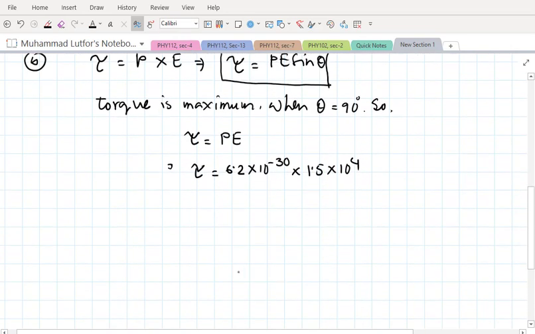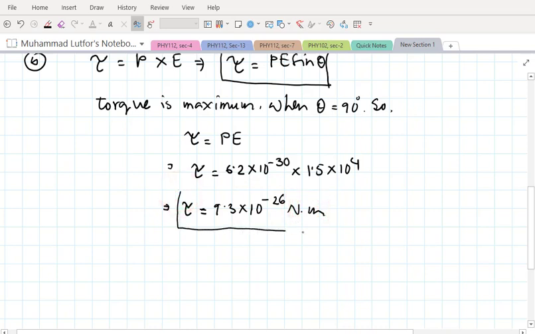After doing that calculation, you can find that the maximum value of the torque on that water molecule would be 9.3 × 10^-26 Newton meter. That would be the torque on the water molecule in this case. This is the answer to question B. Okay, thank you very much.